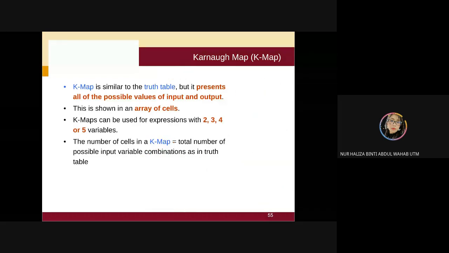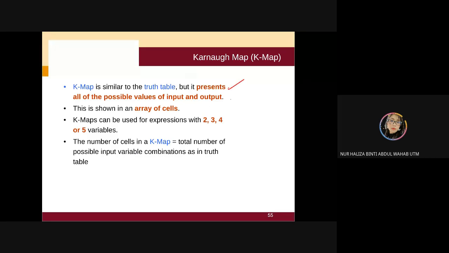So that's why at the start, please make sure you remember the flow, which is 0 0, 0 1, 1 1, 1 0 for your K-maps. Okay, for your K-maps.